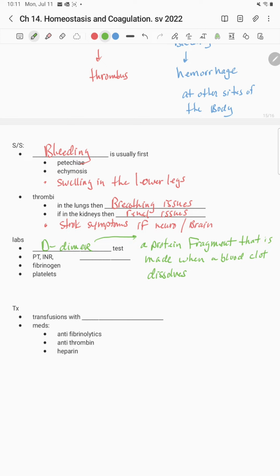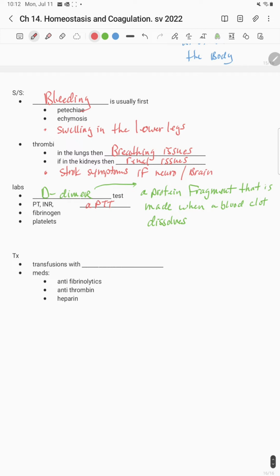You can also run your PT-INR, fibrinogen, and platelets. Also your aPTT lab. Okay, treatment: transfusions with plasma, medications such as antifibrinolytics, antithrombin, and heparin.